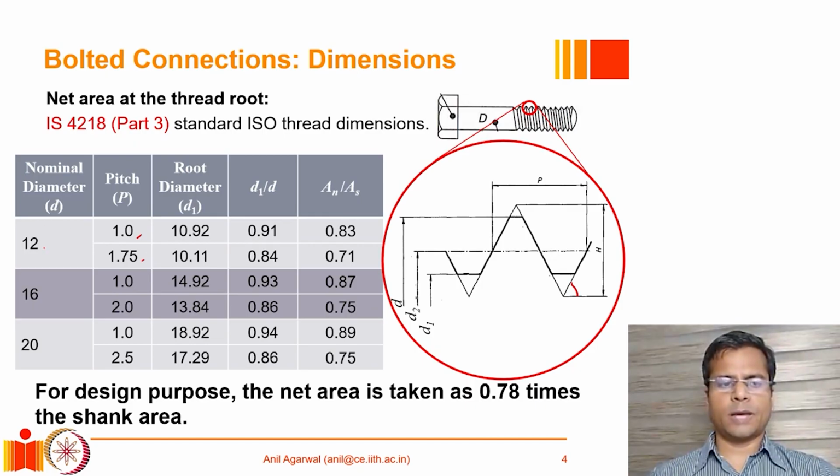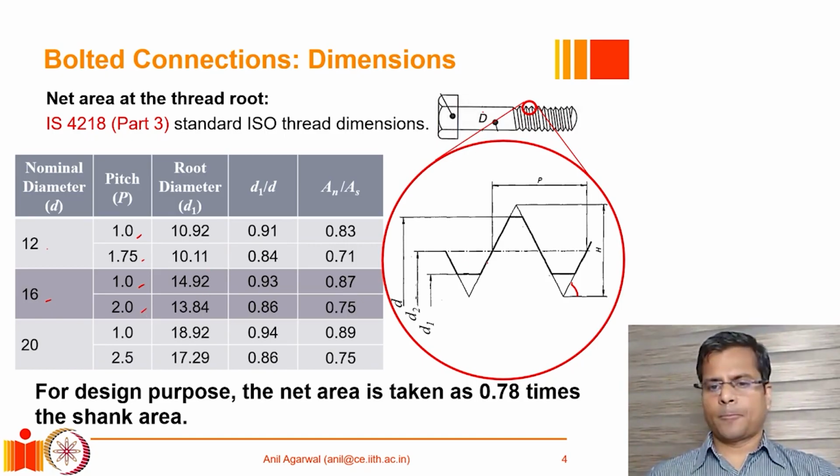For different bolt diameters, which is the D value here, the pitch in millimeters can be between these values. For example, for a 16 millimeter diameter bolt, the pitch can be at one extreme 1 millimeter, at the other extreme 2 millimeter.